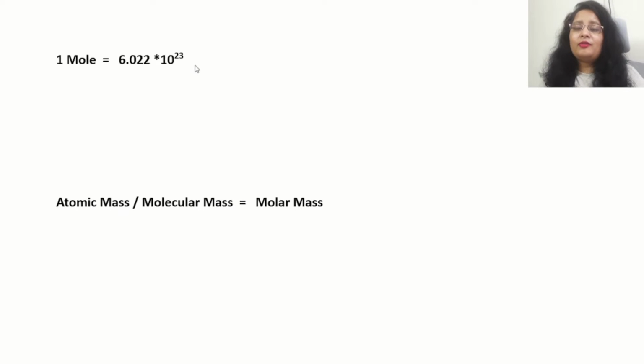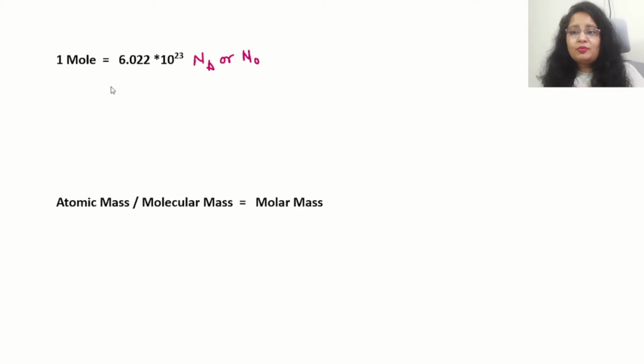This is called the Avogadro number, and it is denoted by Na, or somewhere you can see it written as N0. It means in 1 mole of any substance, the number of particles is 6.022 into 10 to the power 23. That is fixed. Fine. This much is clear.